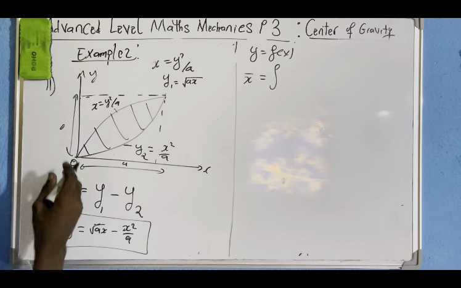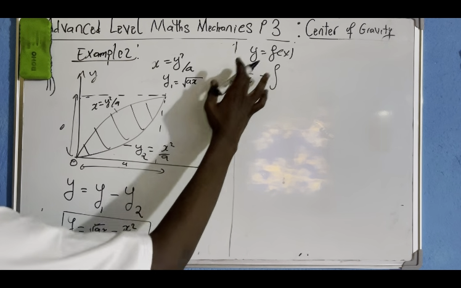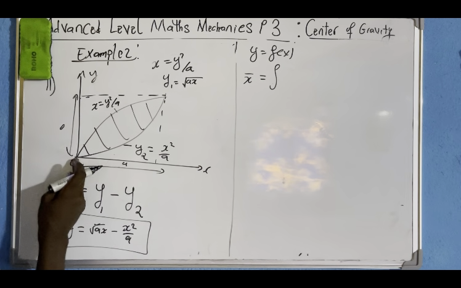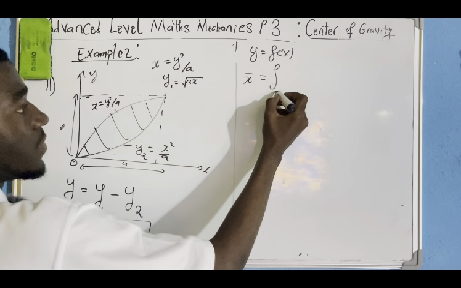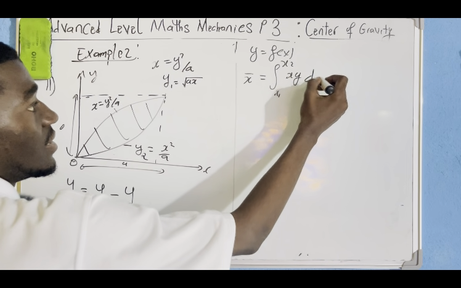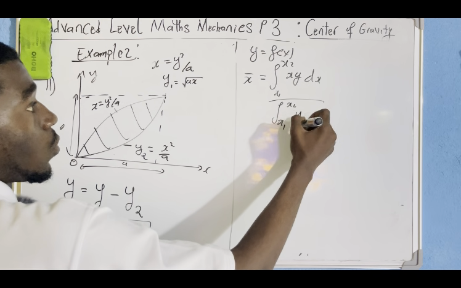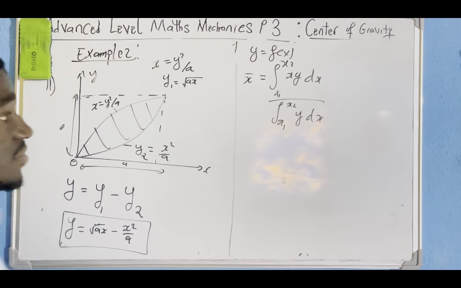My x bar here will be, look at the integral, I will take the vertical boundary. Since my y is in terms of f of x, I will take this vertical one from 0 to a. The integral from x1 to x2 of x y dx divided by the area, which is the integral from x1 to x2 of y dx. As simple as that.